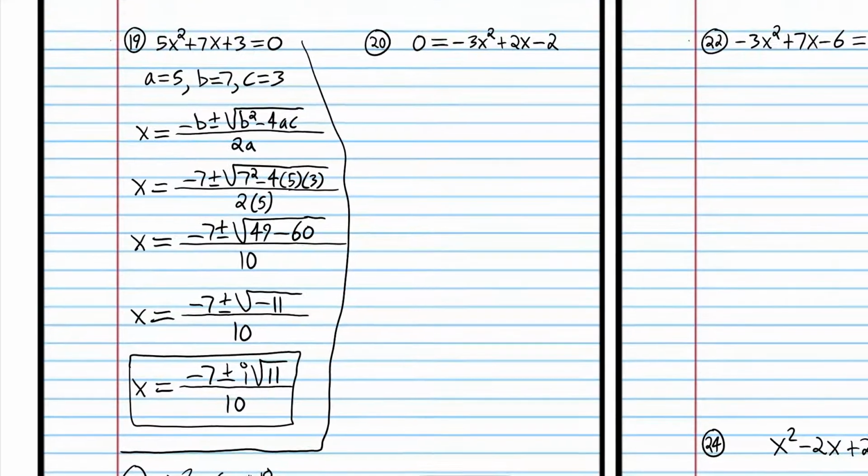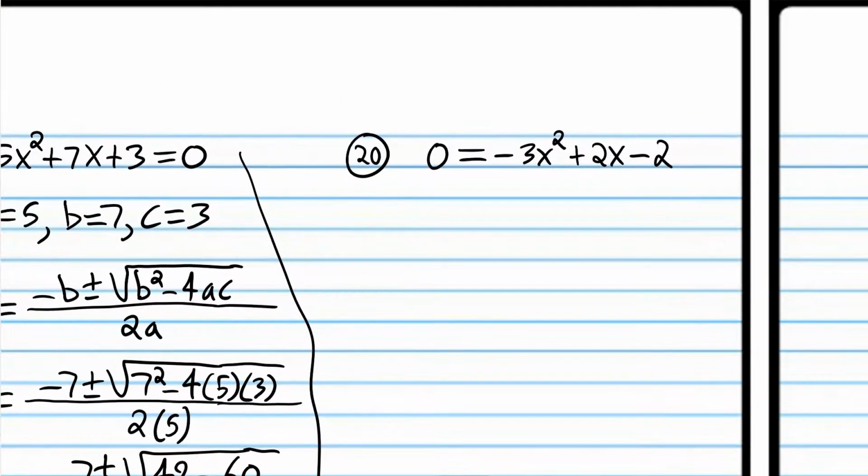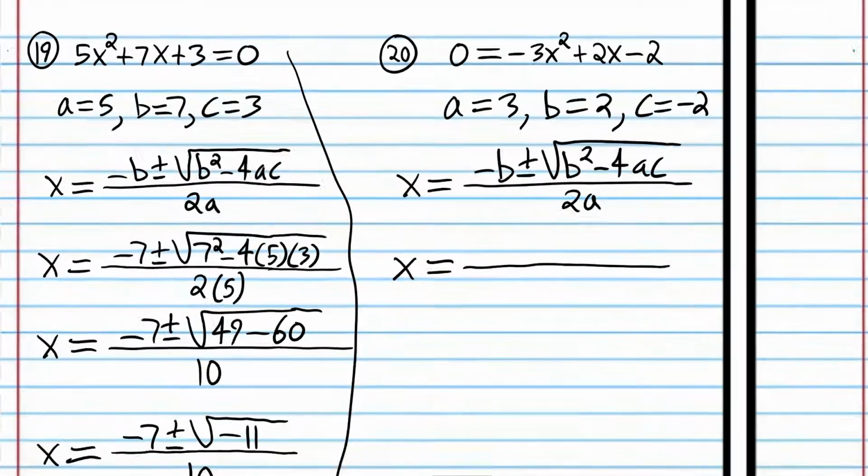All right, let's do another one of these problems. So I'm going to label the constants, and I'm going to write the formula as usual. And then we're just going to plug in.